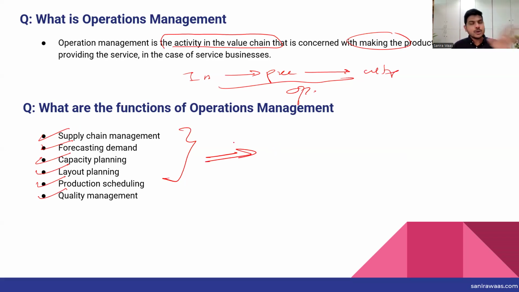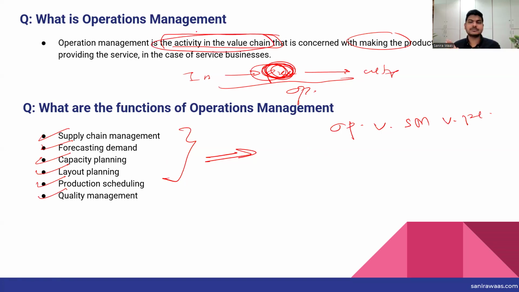And you need to understand the differences between operations management versus supply chain management versus production. If you understood like this, operations management includes all of this. It means operations is the bigger one. Production is only the middle part, only one thing. But operations is about the entire value chain.